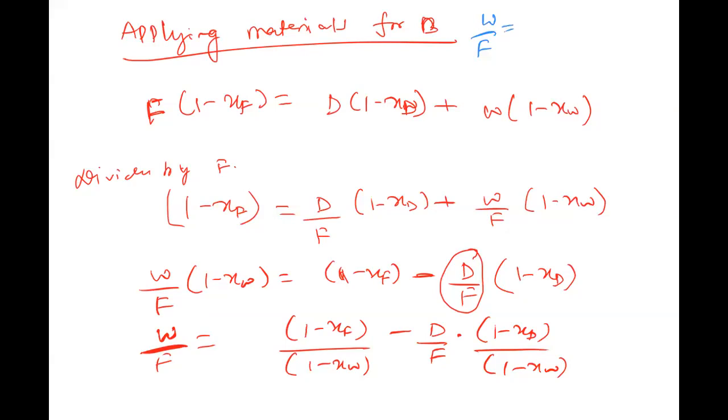XF minus XD divided by XW minus XD. Good, very good. We can write it in this form also: XD minus XF divided by XD minus XW.